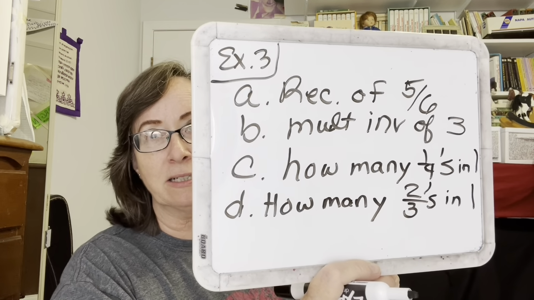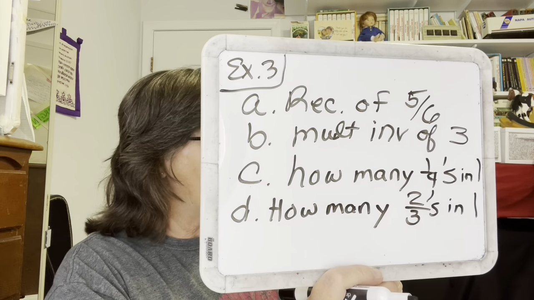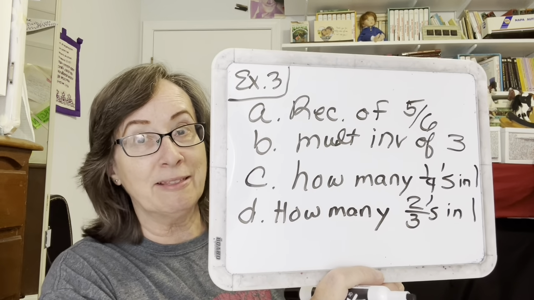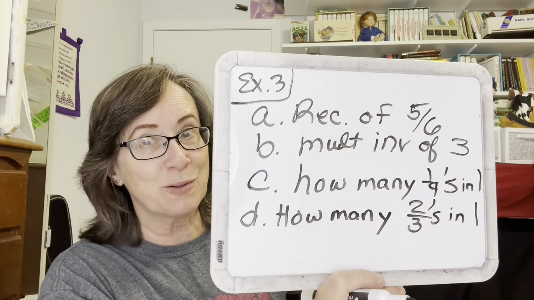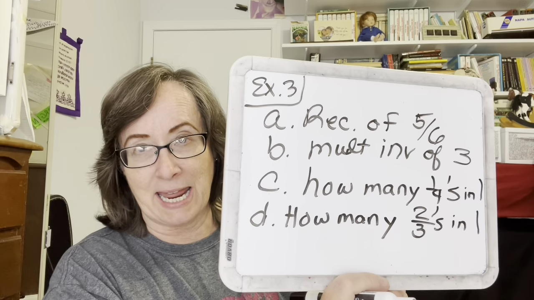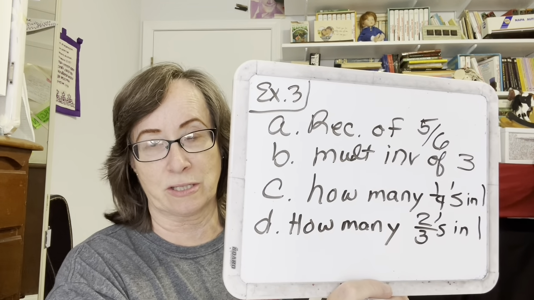So a fraction times its reciprocal is 1. Or as your book says it, if the product of two fractions is 1, then the two fractions are reciprocals. Okay, and reciprocal has another name. It's called a multiplicative inverse.